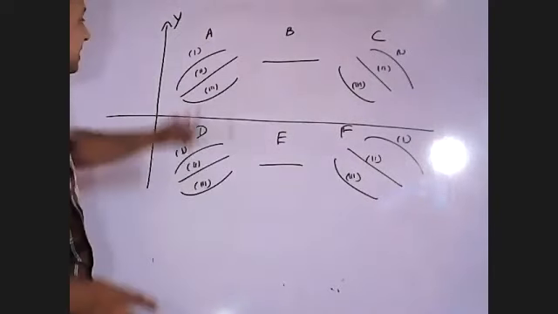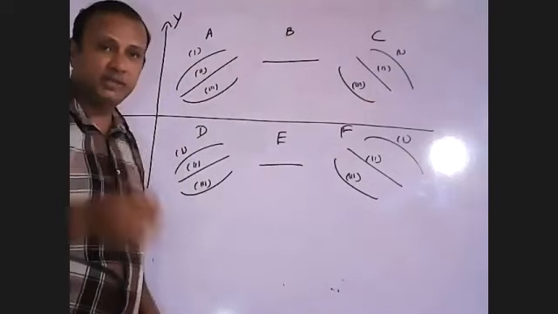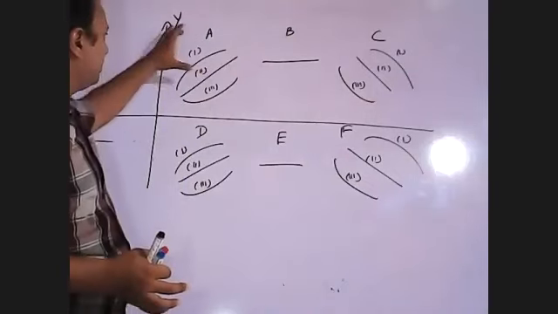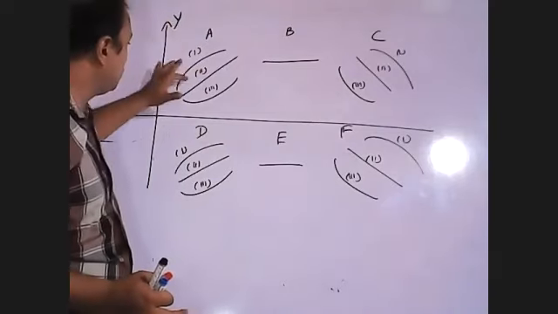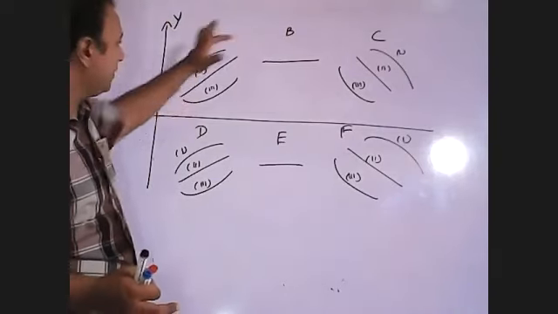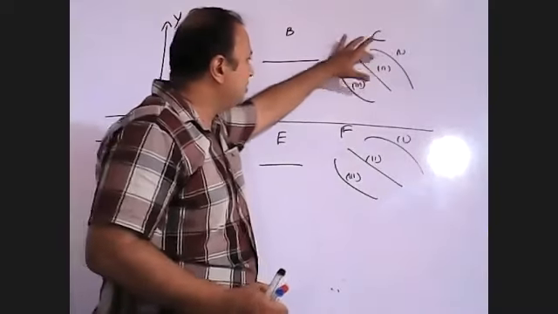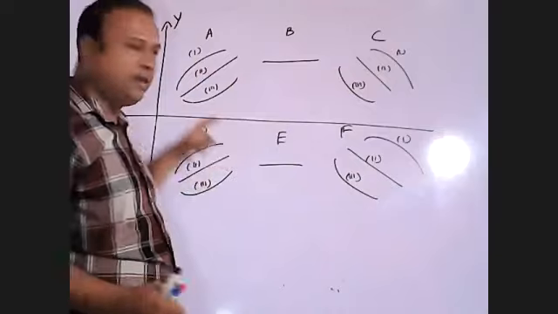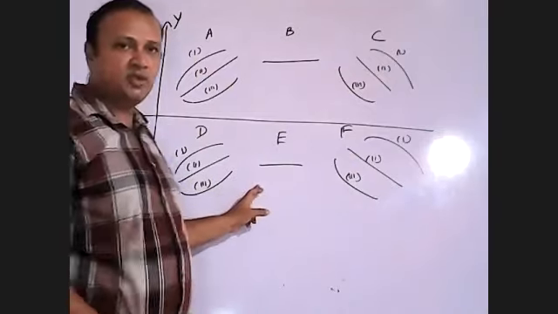There are 6 bundles. In bundle A, there are 3 shapes. In bundle B, there's only one shape. In bundle C, 3 shapes. Bundle D, 3 shapes. Bundle E, only one shape.